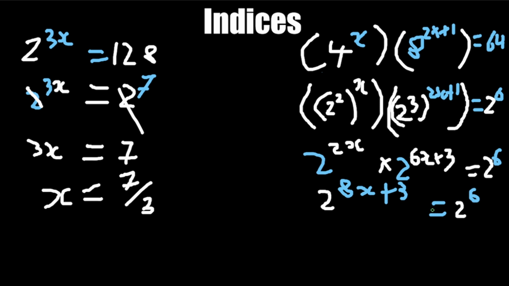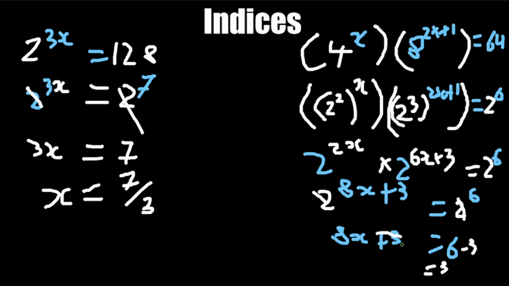So now we can drop the bases because this is as simple as we can get it. So we can drop the bases to say 8x plus 3 equals 6. We move over the 3 first, so we're subtracting 3 from both sides. So this is going to become 6 minus 3, which is 3.